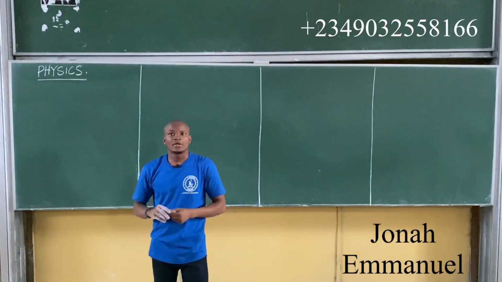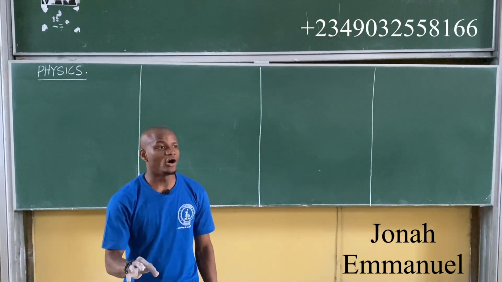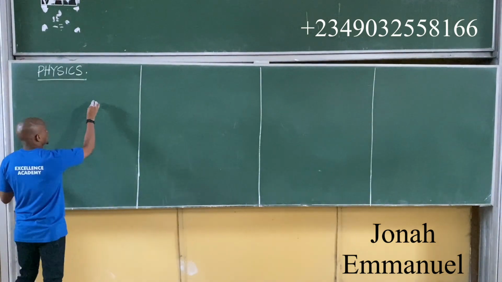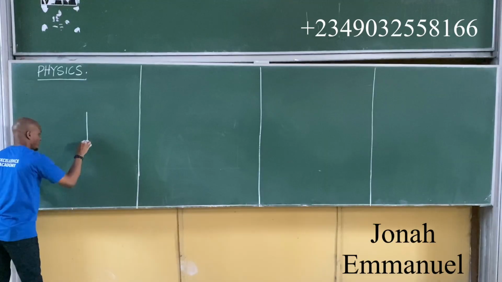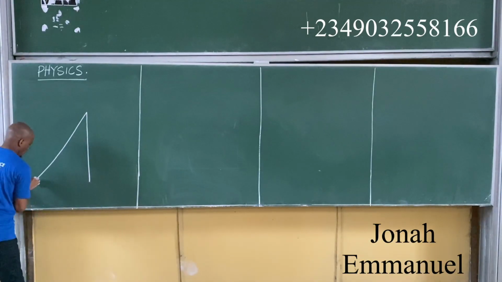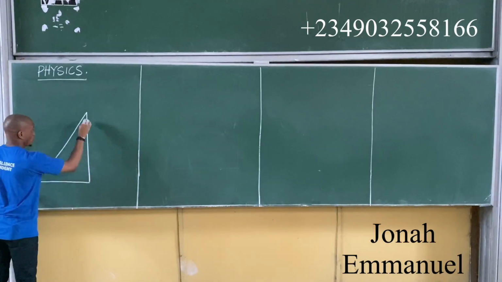Example 1. Given two bodies of masses M1 and M2, where M1 is M subscript 1 and M2 is M subscript 2, as shown below.